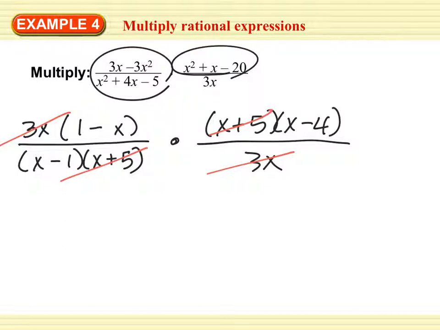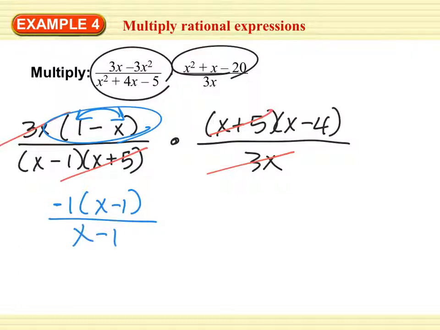Now, this one right here is actually quite important. I'm going to circle it in blue. I want those to change orders, and I can do that by factoring out a -1. If I multiply this back, I get -x plus 1, which is what's right up here.